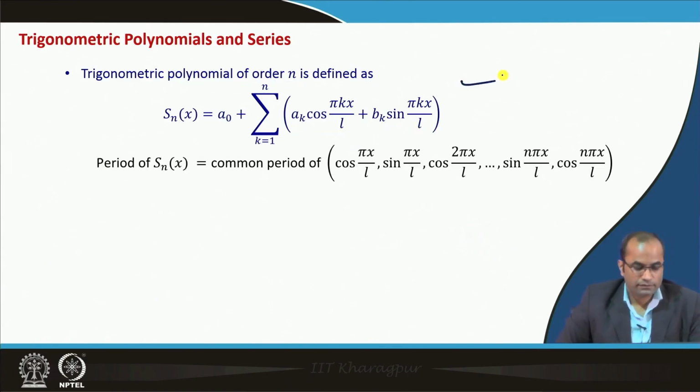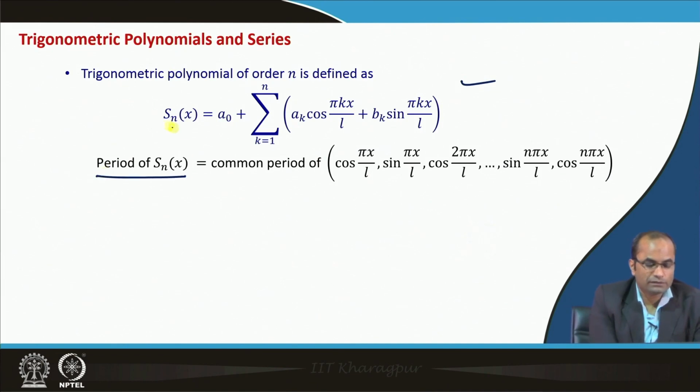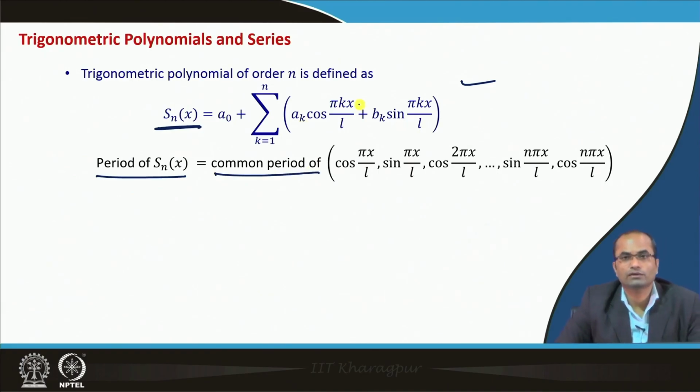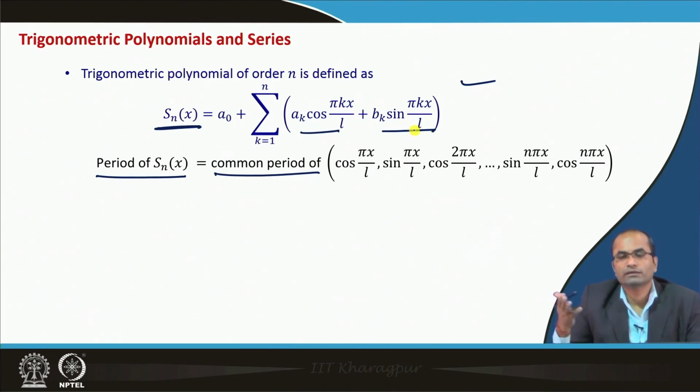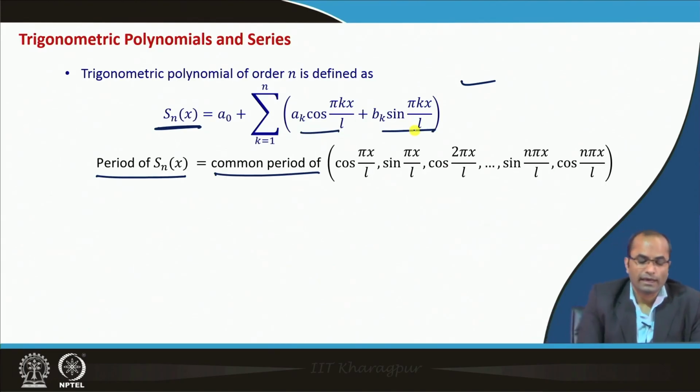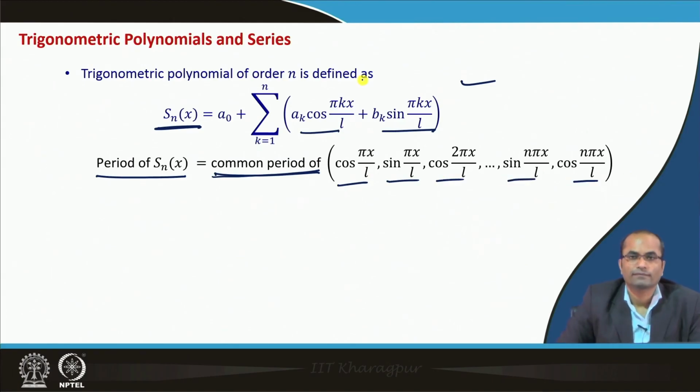The period of this polynomial, which we denote as T_n(x), will be the common period of all these sine and cosine functions, because we are adding cosine, sine, cosine, sine functions, and for this finite sum the common period is the common period of all the functions being added to construct the so-called trigonometric polynomial.